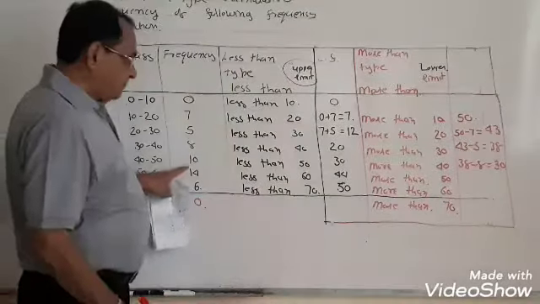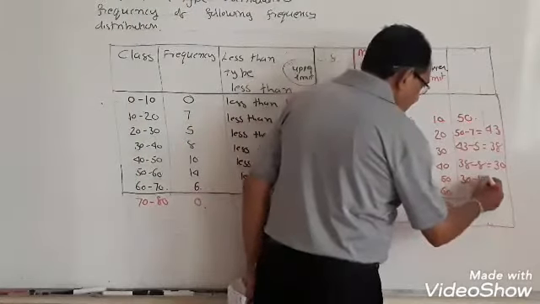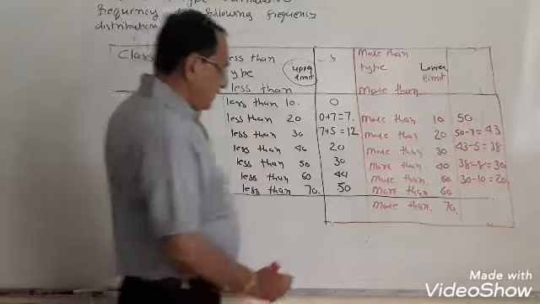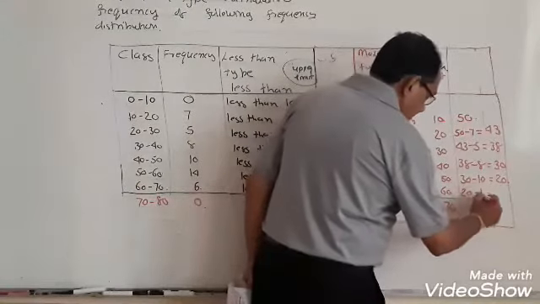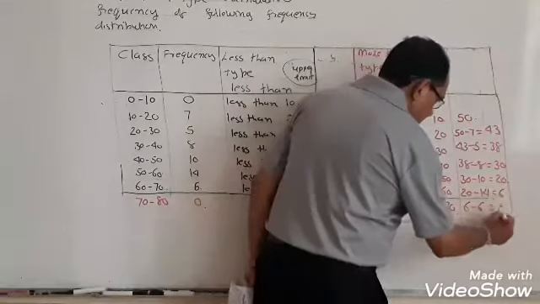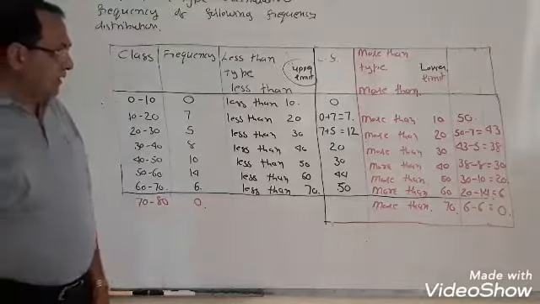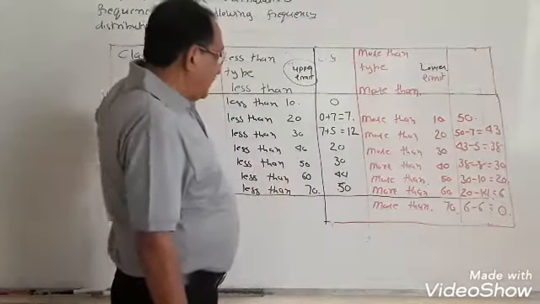Next, 30 minus 10, 20. Next, 20 minus 14, 6. 6 minus 6, 0. Get it? That is your more than type frequency. Okay.